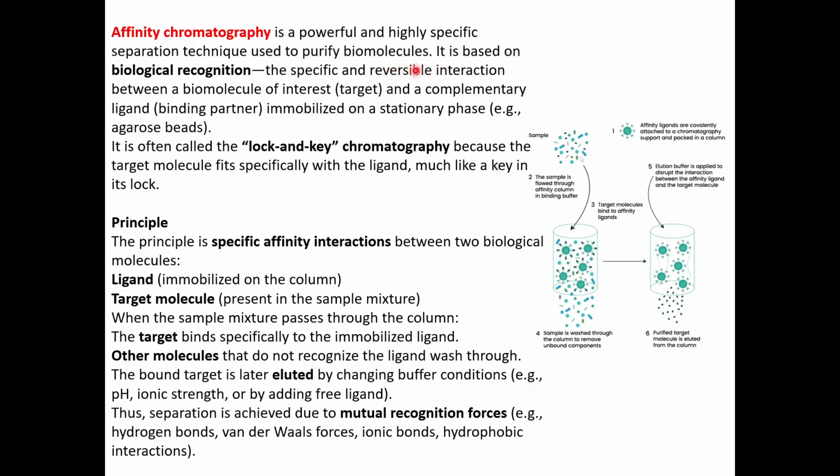So it has to be reversible interaction between a biomolecule of interest, that is your target, and a complementary ligand to it, which will be the binding partner. So this is immobilized on a stationary phase. The stationary phase could be different types of resins or beads.